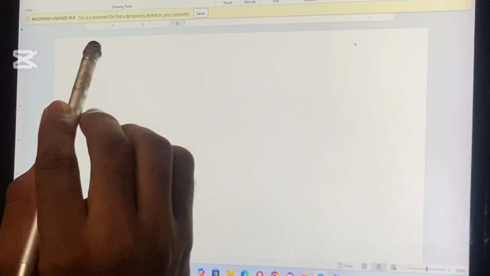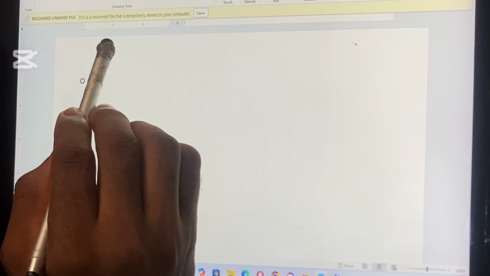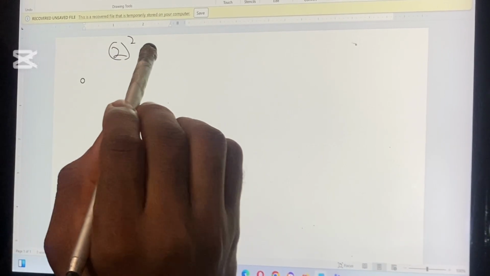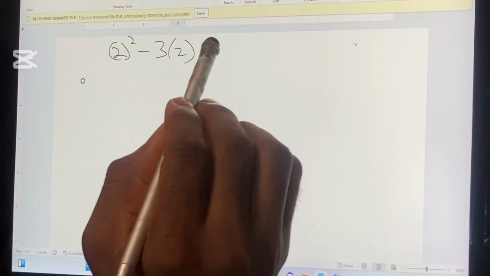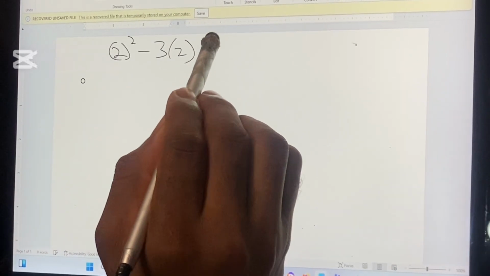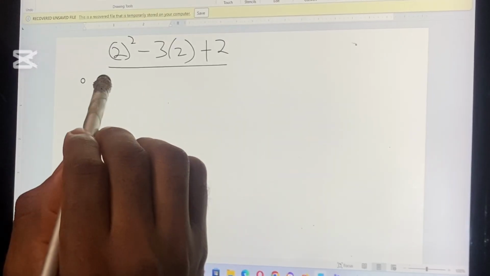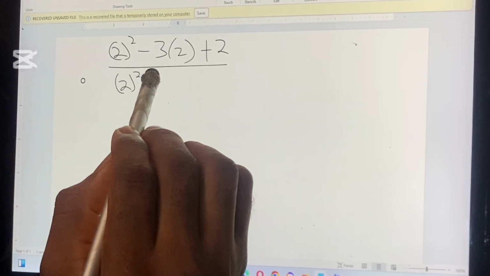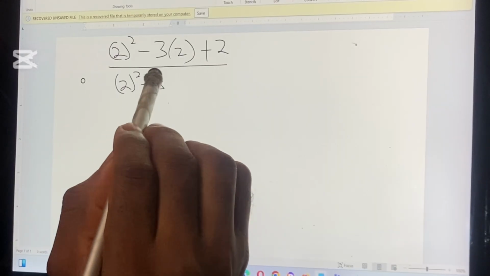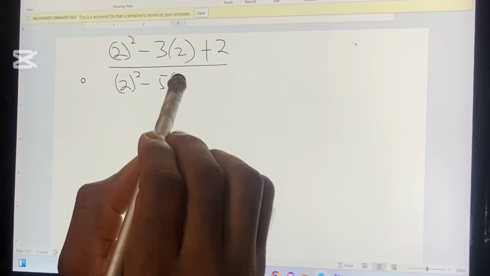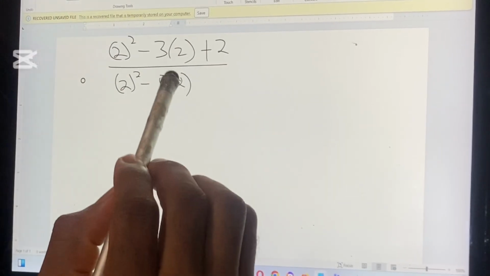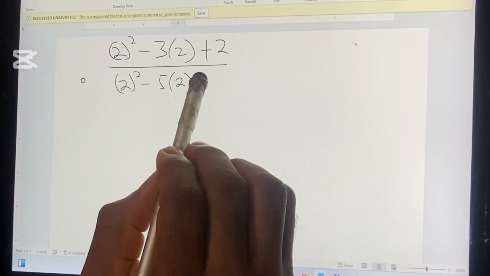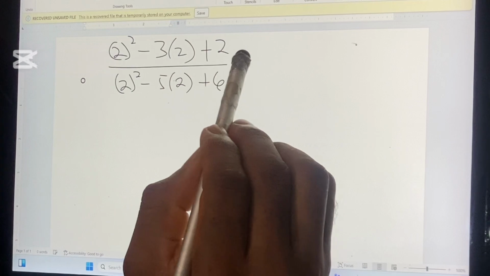When you replace the value of s in that limit, we have 2 squared minus 3 into 2 plus 2 over 2 squared minus 5 into 2 plus 6.